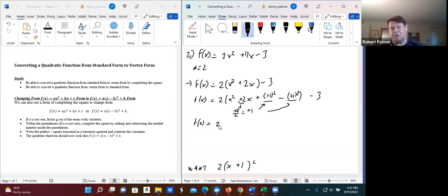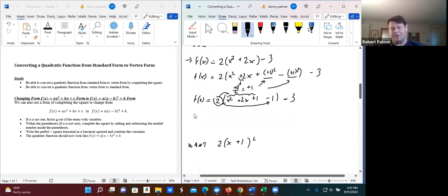And so we have 2, let's just write all this out, x squared plus 2x plus 1 minus 1 minus 3. Now, once again, resist the temptation to just combine these. You'll be right back where we started. What we want to do now is actually distribute the 2, to these 3 in 2 parts, to here and to here.